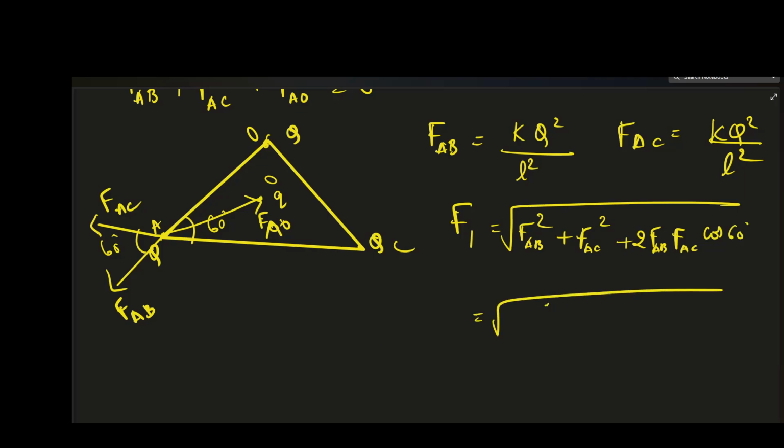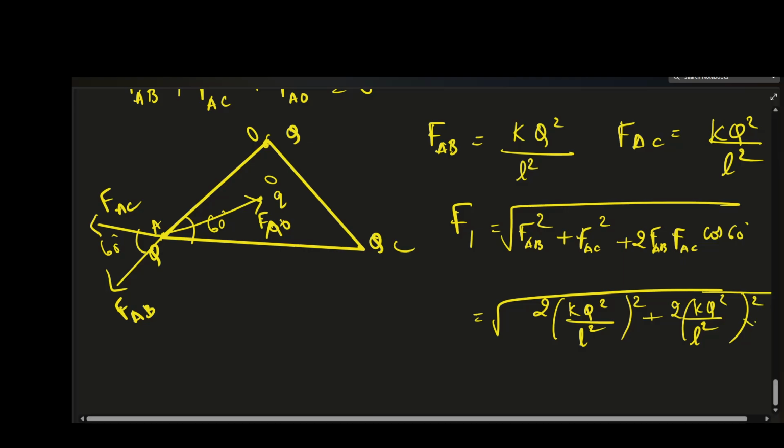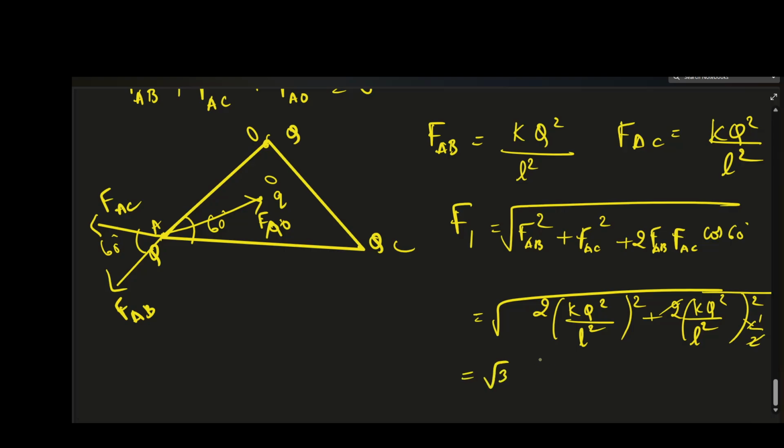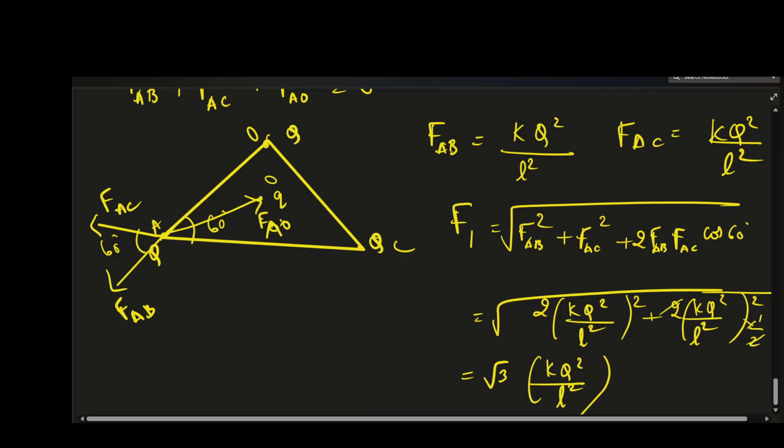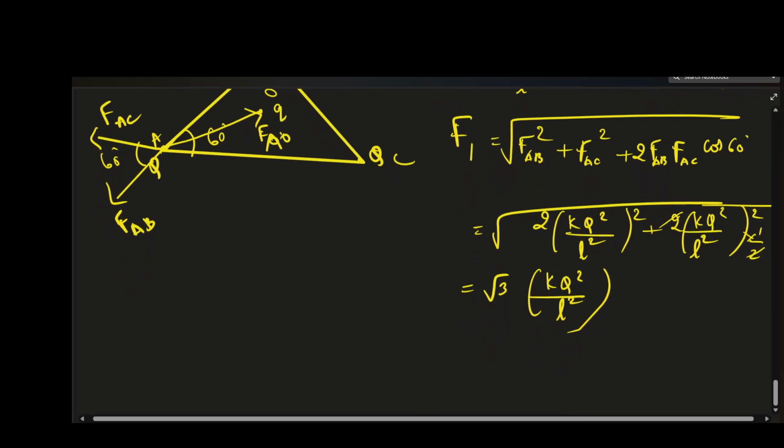So this will be root of 2 times (KQ square by L square) whole square plus 2 times (KQ square by L square) whole square into 1 by 2. So this will be root 3 times KQ square by L square. So this is my net force due to the forces FAC and FAB.